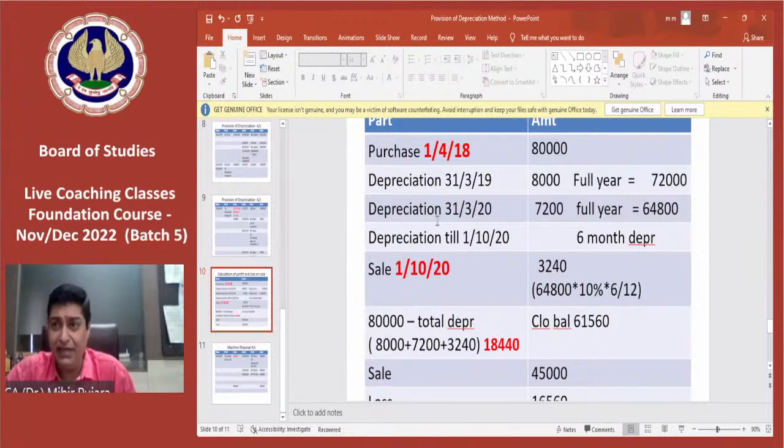Now we want to calculate what will be depre of the remaining part, guys.